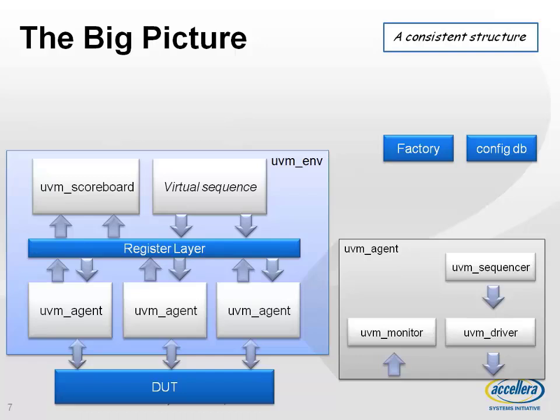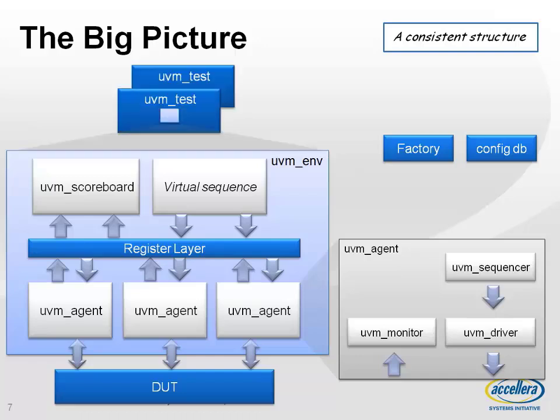So in the box on the left, UVM env is a verification environment that's going to remain relatively stable, and we're going to reuse it as we write multiple tests. So you or your test writers will create multiple tests. The tests will then use the same mechanisms that I called out, the factory and the configuration database, in order to customize and tweak the verification environment to suit the purposes of a specific test.